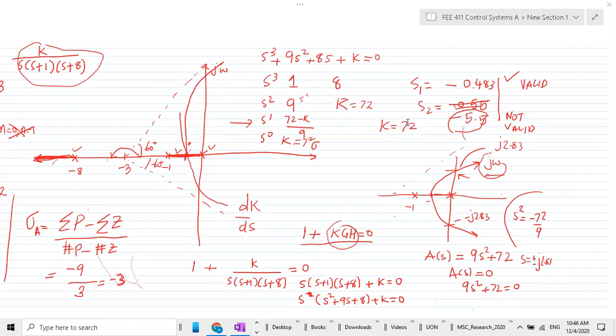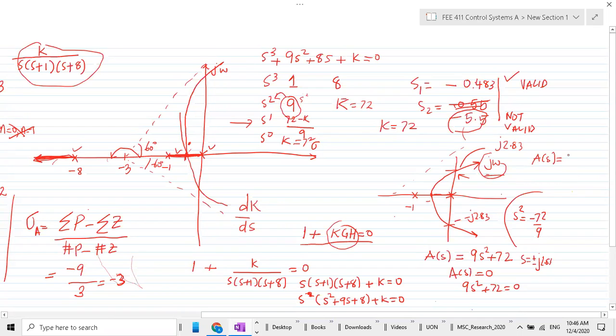So the first one is 9, then plus 72, and the next one is just s to the power 0.